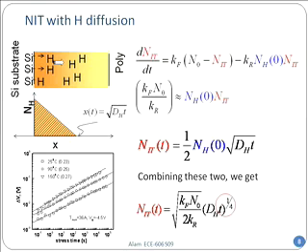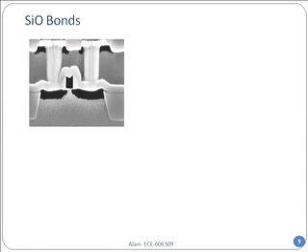Now remember this, NBTI. If you go to interviews and other places, people will be very impressed if you know how this works and what happens, the physics of it, because this is one of the most important reliability problems today. Let me give you some examples. This was about silicon hydrogen bond dissociation, right? Many times you will also have hot carrier degradation, that when you turn the transistor on, with very large drain bias, the electrons in the drain are very hot, right?